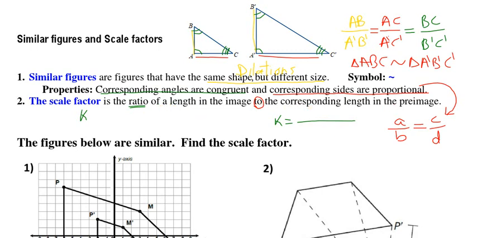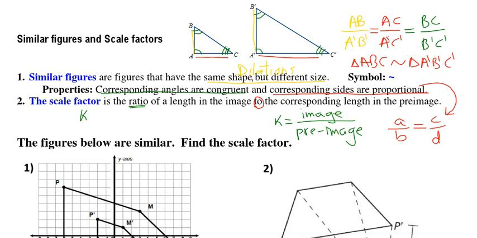So a length from the image goes on the numerator always, and the corresponding length from the preimage goes on the denominator always. So the scale factor is very specific, image over preimage.